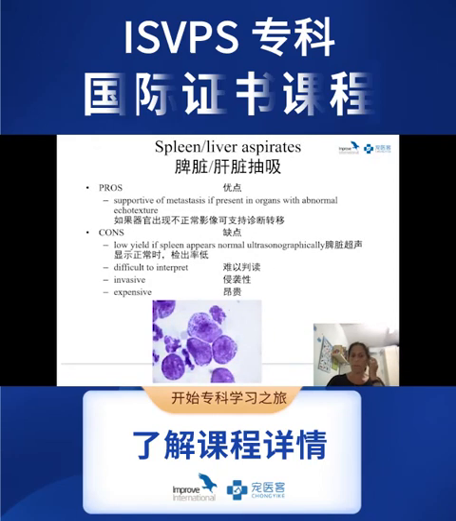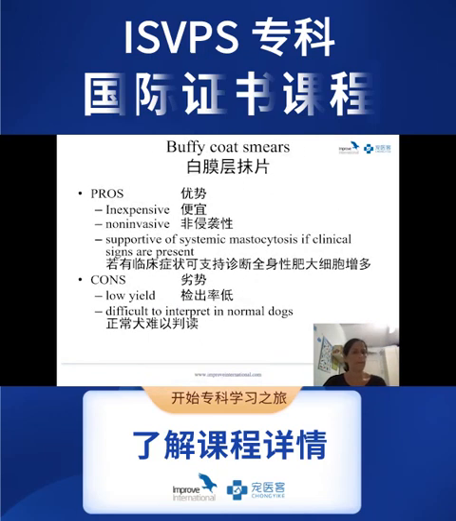So what are the pros and cons of splenic and liver aspirates? The pros are that they're supportive of metastasis if present in organs with abnormal architecture. And the cons are a low yield if the spleen appears normal, difficult to interpret, invasive, and expensive. Buffy coat smears: the pros are that they are inexpensive, non-invasive, and supportive of systemic mastocytosis if the clinical signs are present.